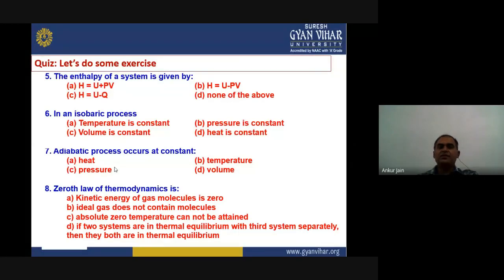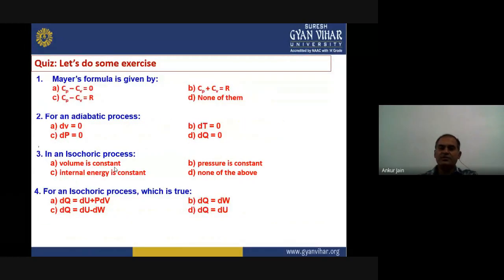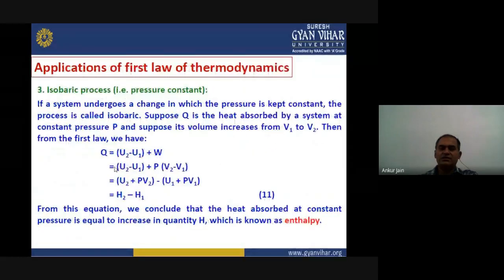The enthalpy of a system is given by H equals U plus PV, H equals U minus PV, H equals U minus Q, or none of the above. We have already defined the enthalpy when we were deriving the equation for isobaric process. There the pressure is constant, and there we have defined that Q is equal to H2 minus H1.